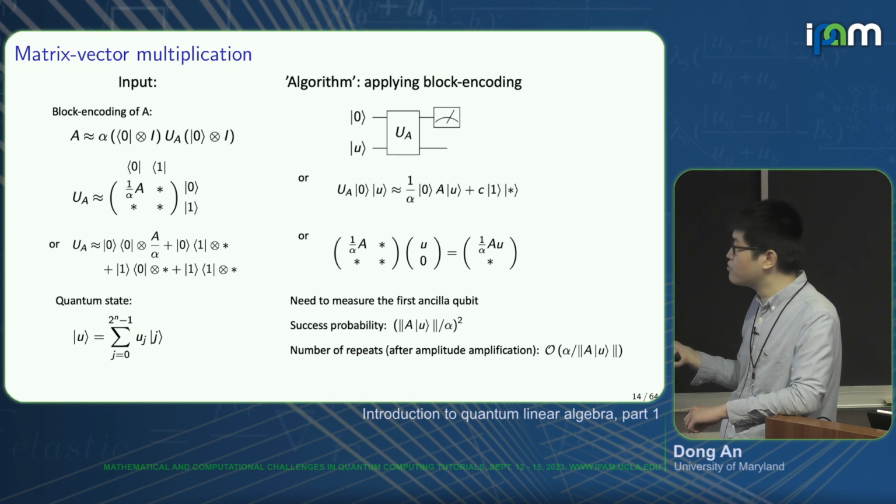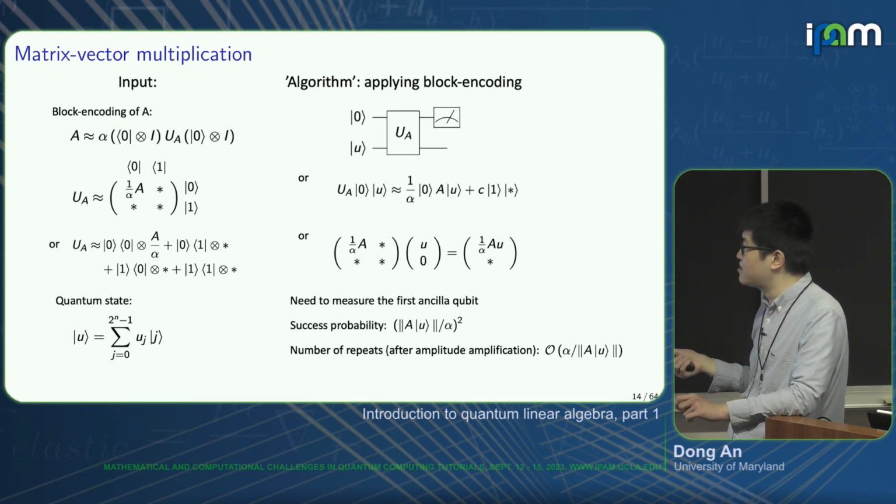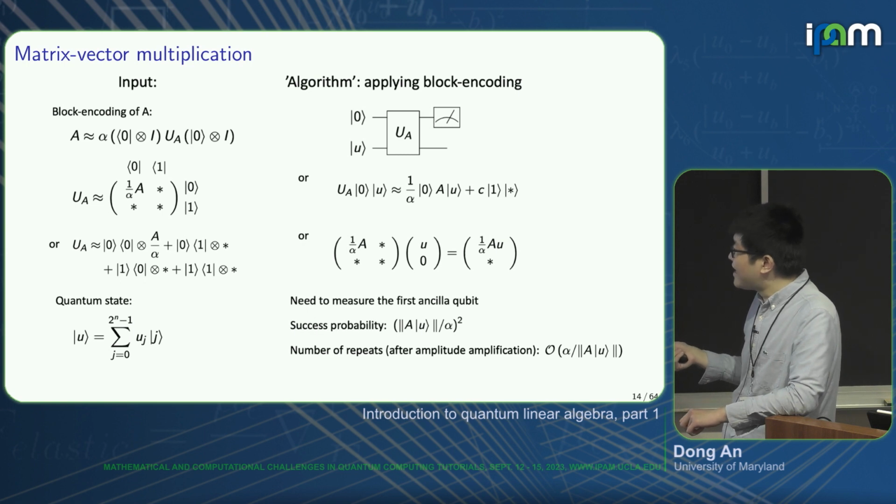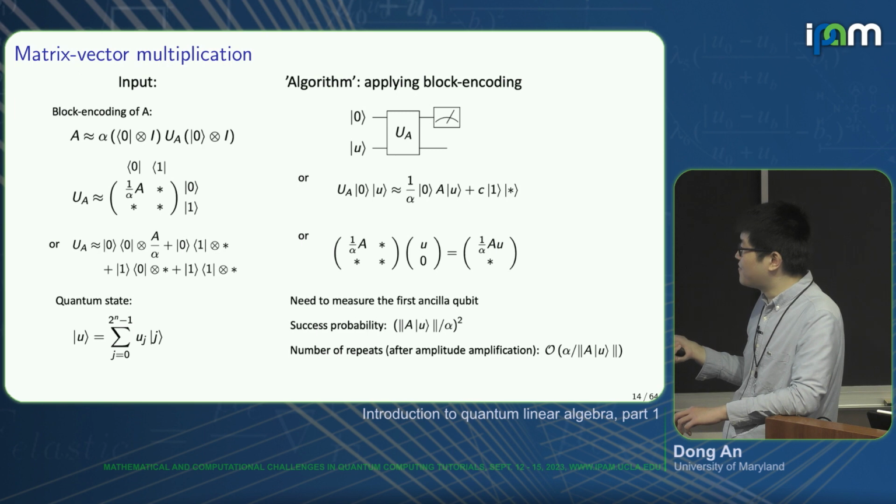We have u as a 2 to the n-dimensional vector, and we have this 0 representing another zero vector in the 2 to the n dimension. Then you can see that it is just a matrix vector multiplication, and if you compute the first half of the output state, it becomes A times u normalized by this factor alpha, but we will have some junk state right here, so we don't know what it is.